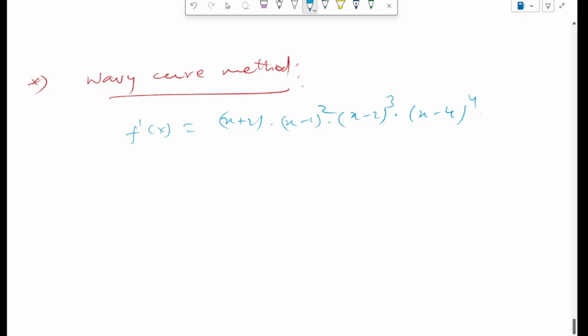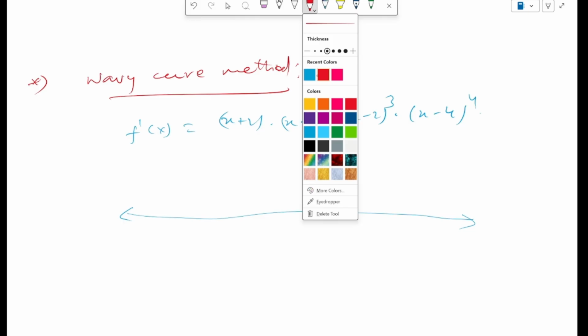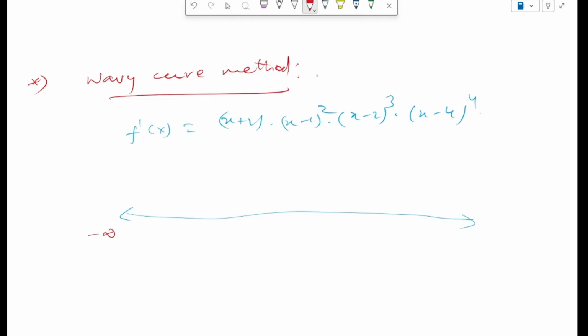Now, if we draw the wavy curve method, first we draw a number line. On this number line, we first write all these critical points, which by equating to 0 give the roots of this equation. So first we get x equal to minus 2, then 1, then 2, then 4, right?